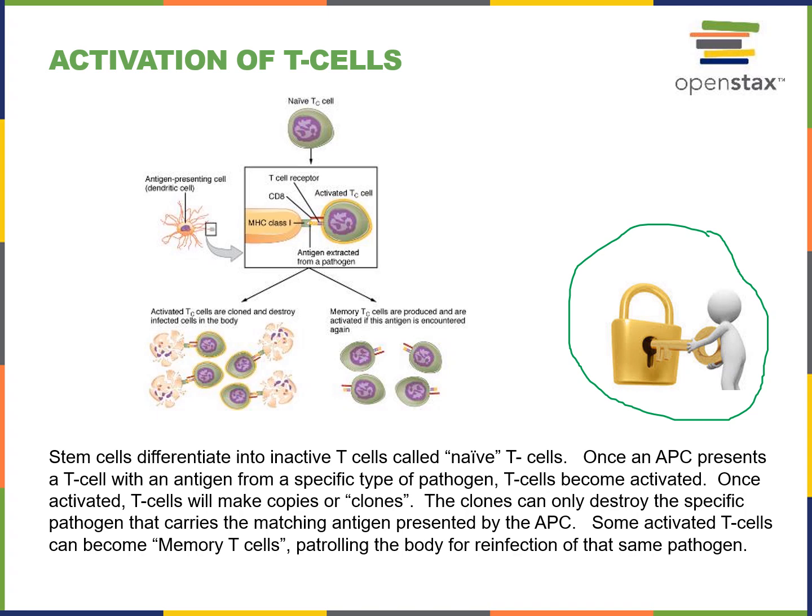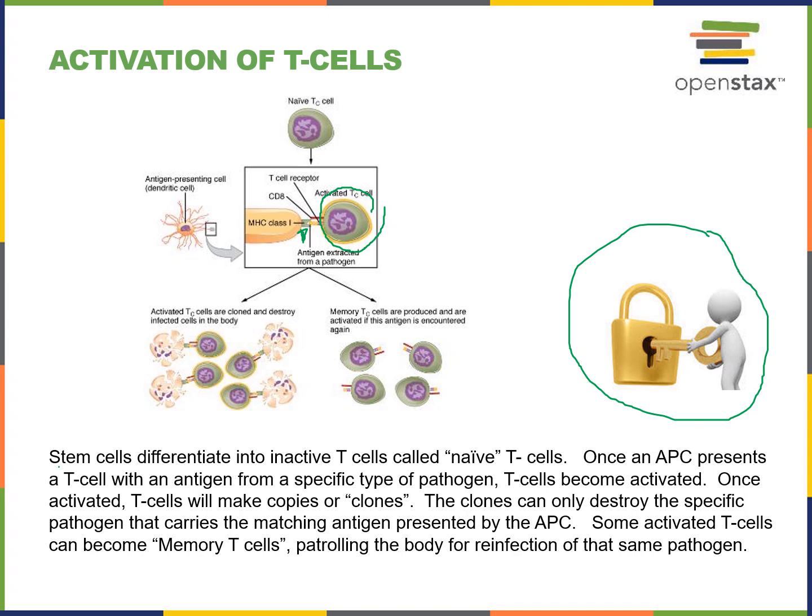Not any key would work. So it's the same thing here. The T cell receptor has to be able to. So here we see the T cell on this side, and this is showing you an enlarged version of what is being presented. So here again, this part is being presented to the T cell. And that presentation to the T cell activates the T cell.